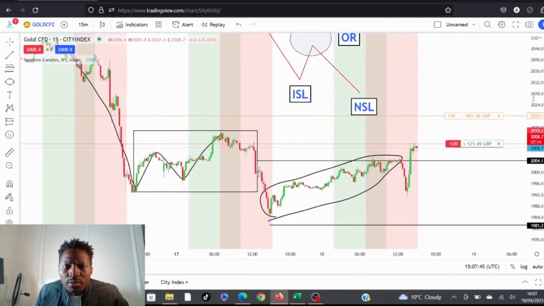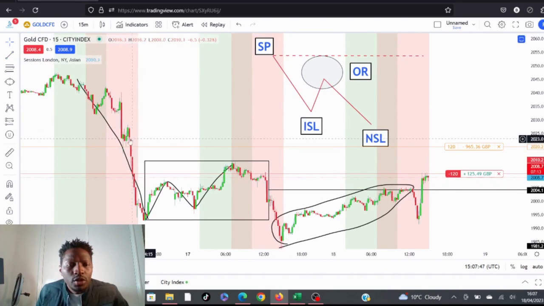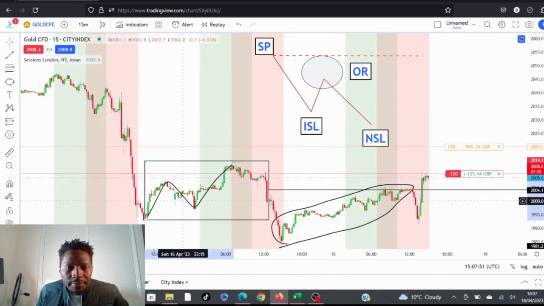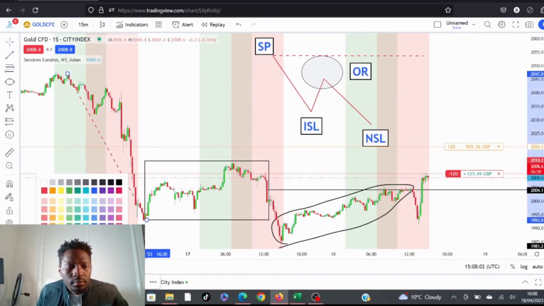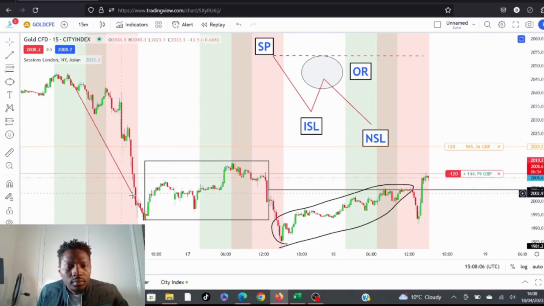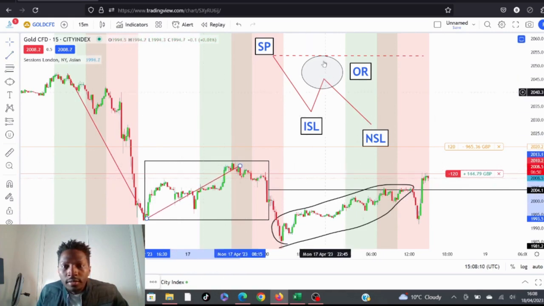Now, why did I show you this? Let's go back to the chart that I'm showing you. Let me delete this to make things a little clearer. We have an impulse leg here, and that is a retracement.